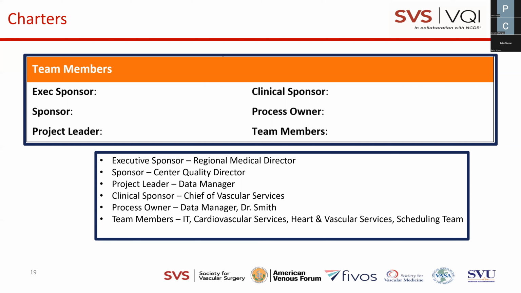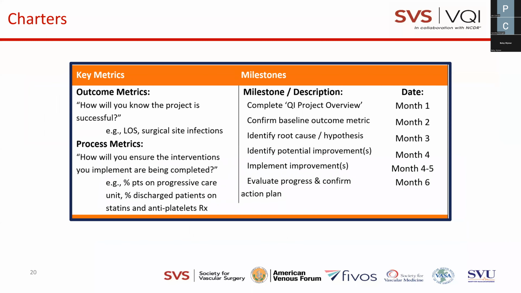Clinical sponsor could be the chief of vascular services. Process owners, data manager, Dr. Smith, and then your team members. Who are you using within your team to help this process? It could be IT, could be cardiovascular services, heart and vascular services, could be the scheduling team, so just think about who all is going to help with your QI process.